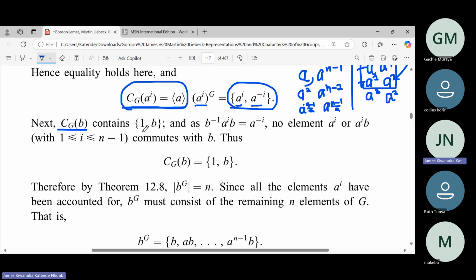So the centralizer of B definitely contains these two elements, 1 and B itself. And now we also know that B inverse A^i B will be equal to A^(-i).